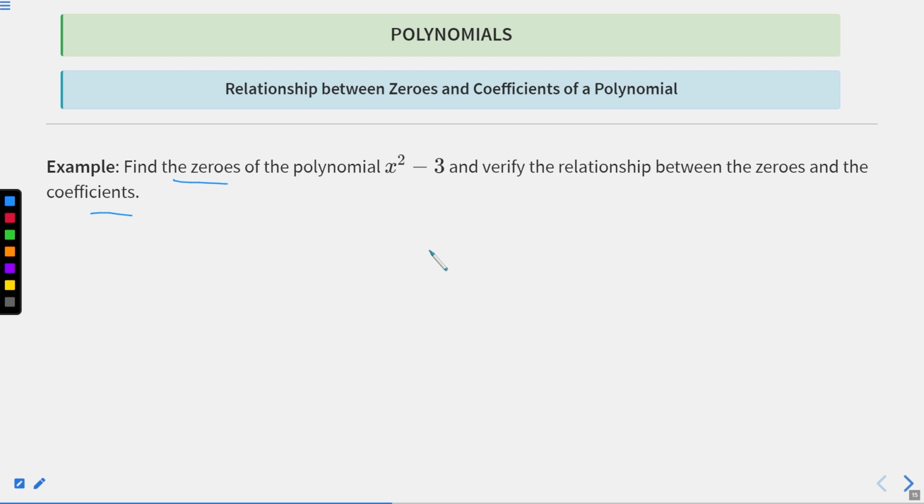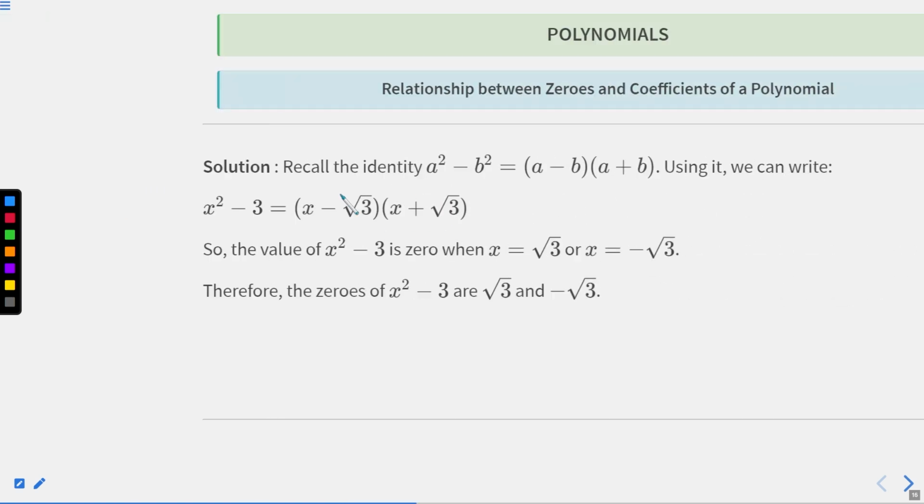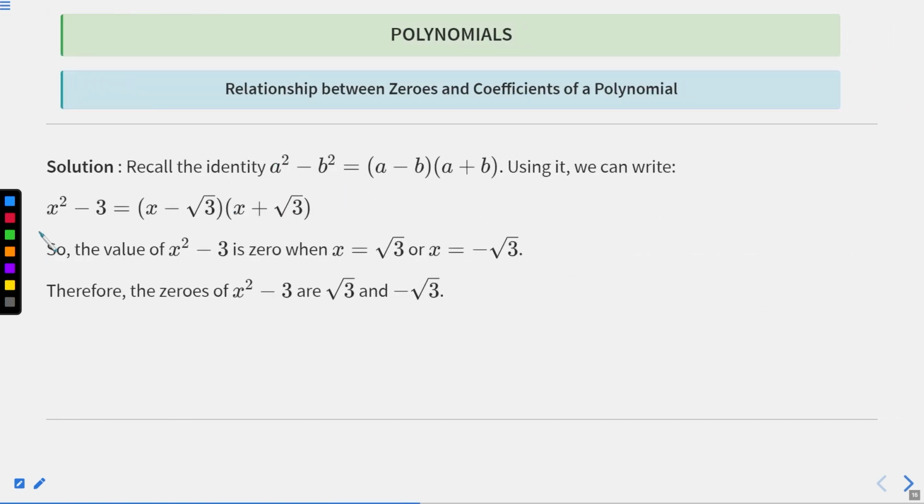We know the formula a square minus b square is equal to a plus b times a minus b. Using this identity, we get x square minus 3 equal to x minus root 3 times x plus root 3.